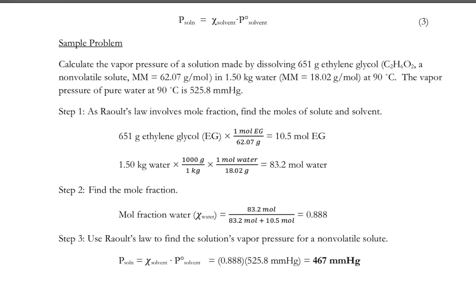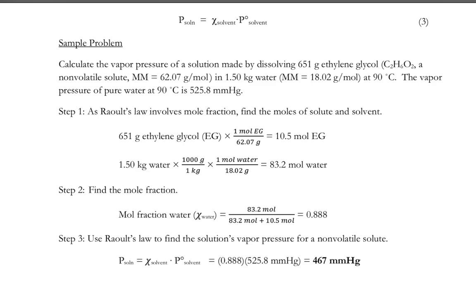So chi of water is the moles of the water, 83.2, divided by the moles of the water, 83.2, plus the moles of the ethylene glycol, 10.5. And that comes out to be 0.888. Notice that chi, the mole fraction, is unitless.